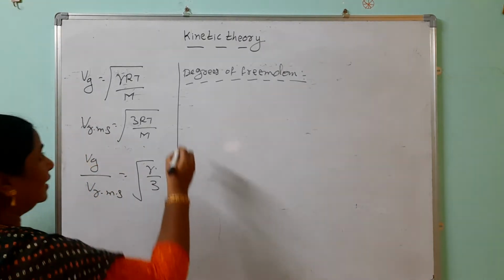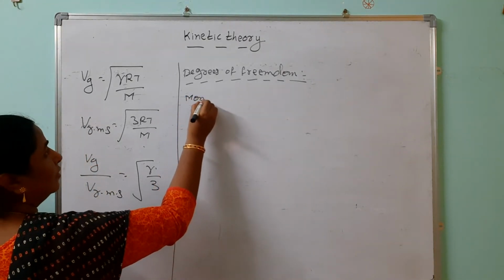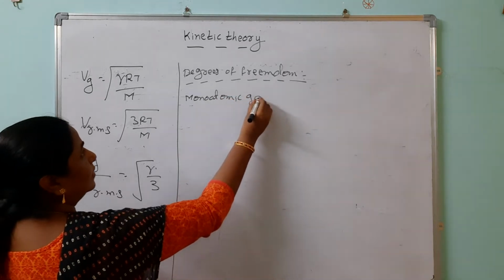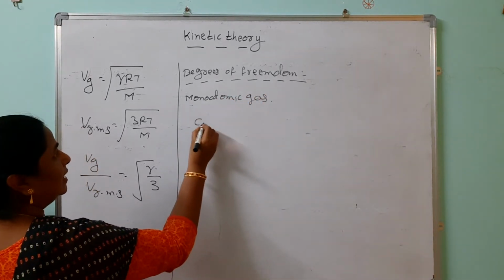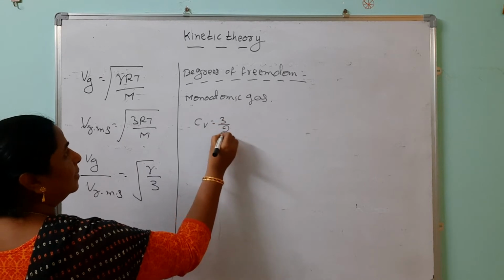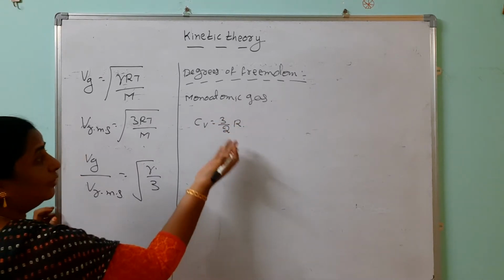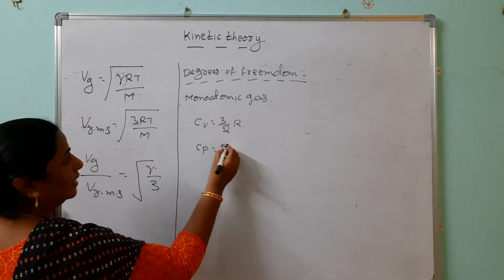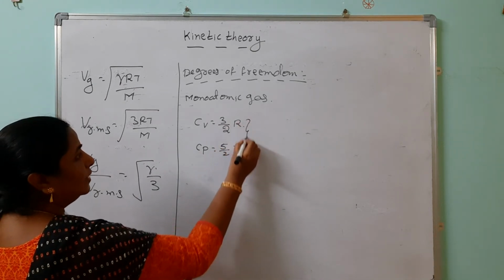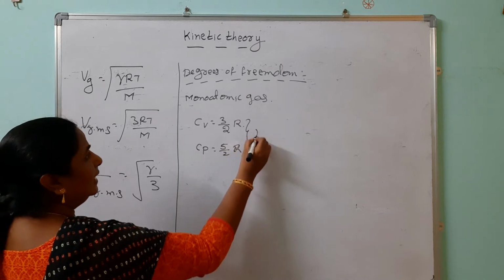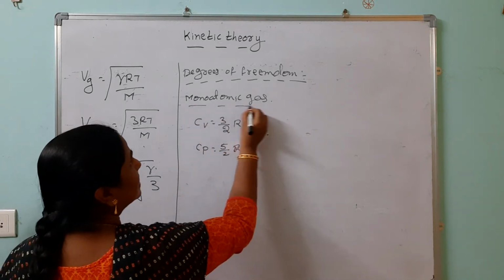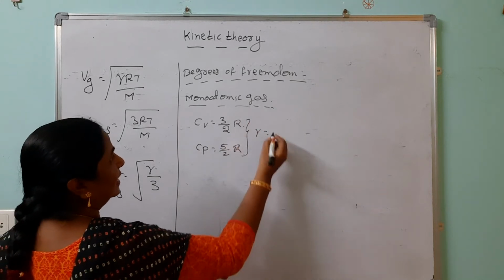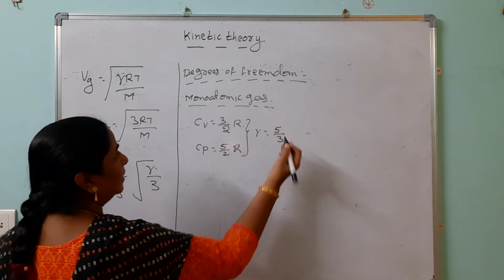Individually you should remember that for monoatomic gas Cv equals 3 by 2 R. When you know Cp equals Cv plus R, we are getting 5 by 2 R. When you know these two, then gamma for monoatomic gas is how much? Just take the ratio of these, we are getting 5 by 3.